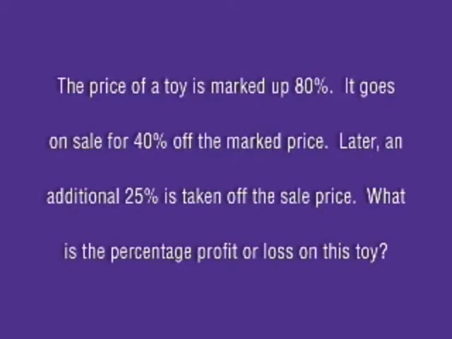The store marks up the price of the toy by 80%, the intended profit margin. Unfortunately for the toy store, the toy is a bust and doesn't sell well. So, after Christmas, it goes on sale for 40% off the marked price. After a while, an additional 25% markdown is taken off the sale price, and the toy is put on the clearance table. With all the markups and markdowns, what is the percentage profit or loss to the toy store?